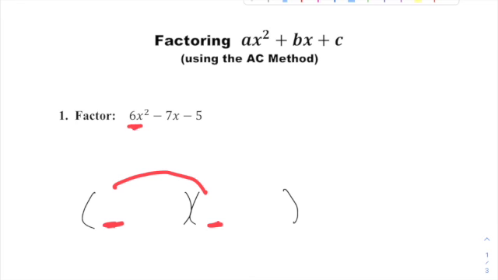And since there's a 6 in front, that could mean that maybe this is 6x and this is 1x, or maybe this is 3x and this is 2x. And then you have to worry about all the combinations of what goes here has to multiply to -5, and which one should go with the 6 or the 1 or the 3 and the 2. And that's not a bad method if you can mentally unfoil things pretty fast.